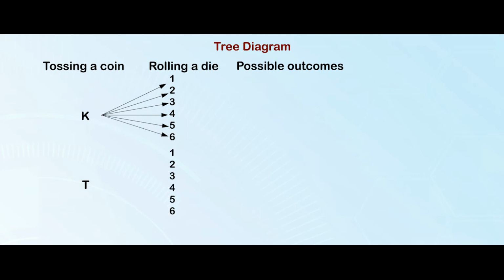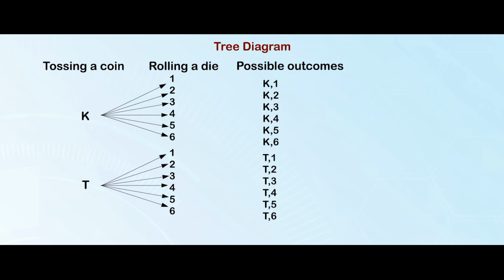The other possible outcomes are tashitake from a coin and 1 from a die, tashitake and 2, tashitake and 3, tashitake and 4, tashitake and 5, and tashitake and 6. So these are the possible outcomes.